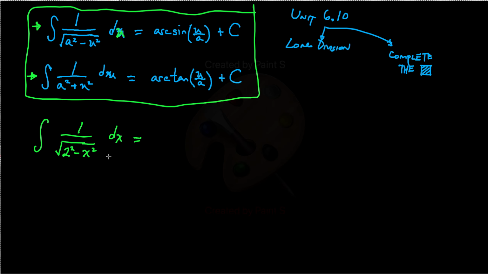Well, I just find out how this matches the general. So in this case, 2 is a, u is x, and I have that it's arcsine of x over a, because what took the role of u? x. And then a is 2. I apologize for that. Plus c.